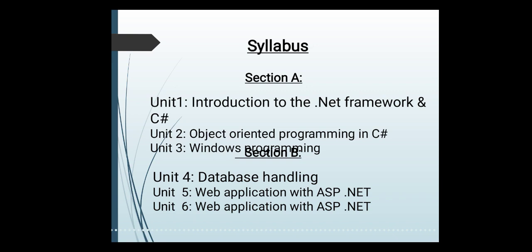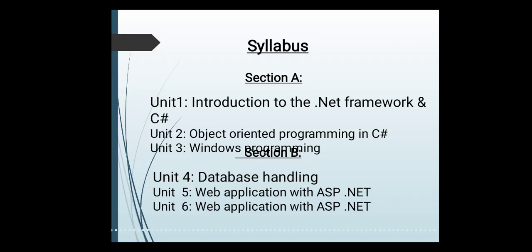Then the next unit is Windows programming. In Windows programming you will learn different tools for developing the front end, such as text box, label, buttons, then check boxes, how to use radio buttons, how to generate forms. This is covered under the third unit, that is Windows programming.